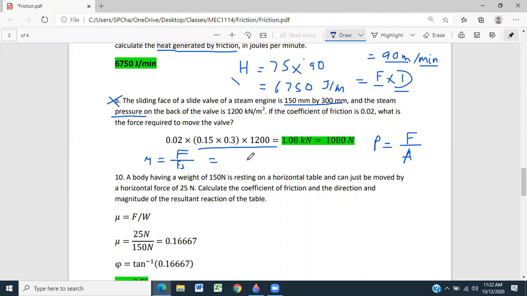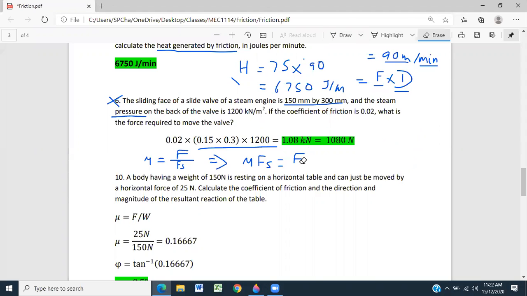So we can just say mu times Fs: the force holding the two things together, multiplied by mu, is equal to the force needed to move them. Right? You guys get that?